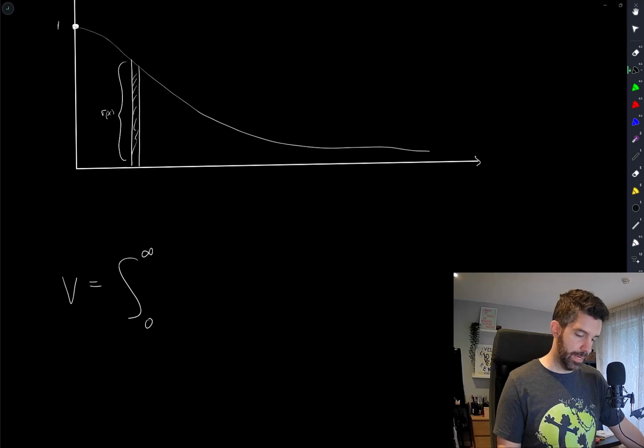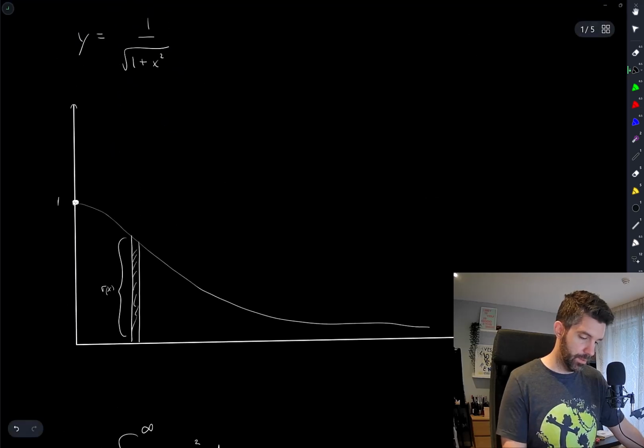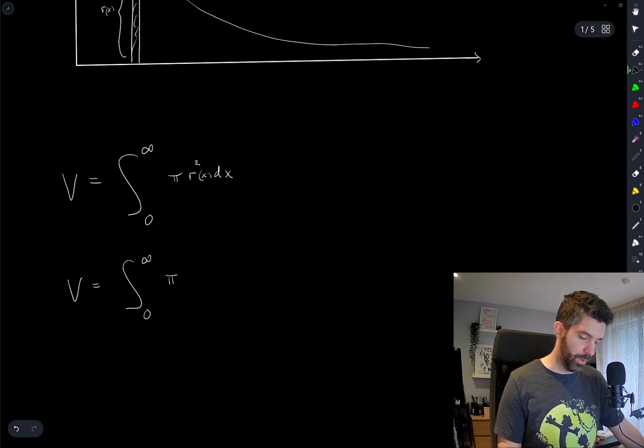The area of that disk is pi r squared, and of course the radius is the value of the function, so we have pi times that function at the top, all squared.